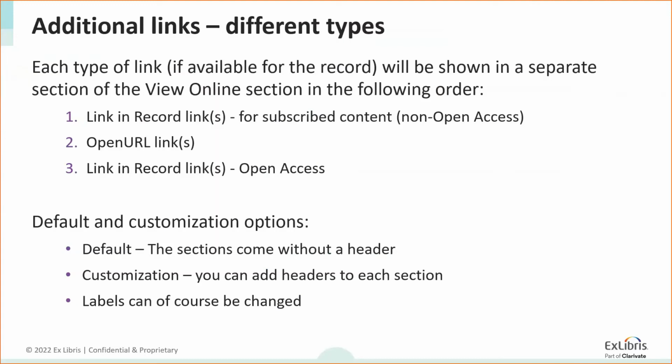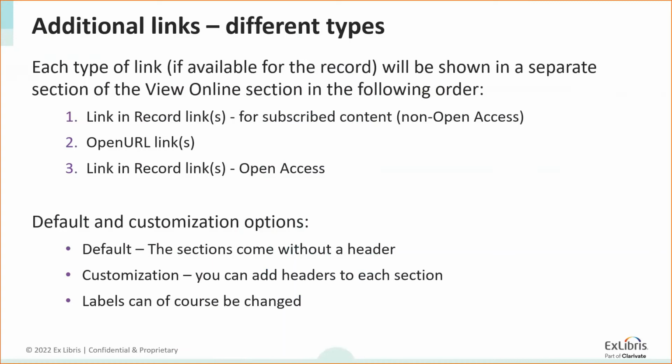One example that I showed earlier was the link in record to JSTOR for subscribed content. The second type of links that we're offering are OpenURL links, links from Alma or links from SFX, all links from the link resolver. And the third type of link is, again, a link in record link, but in this case, open access. The SweepApp example that I initially showed was such an example.